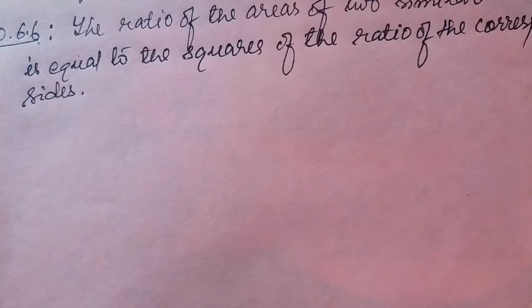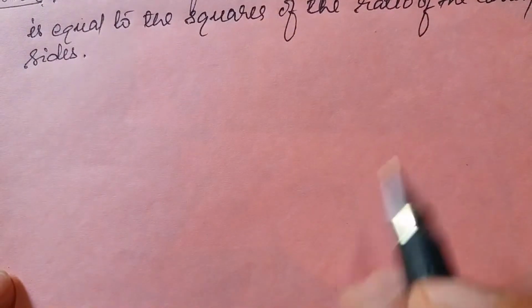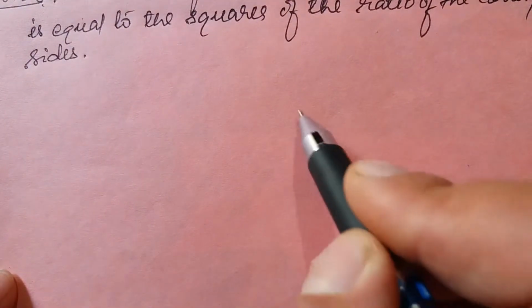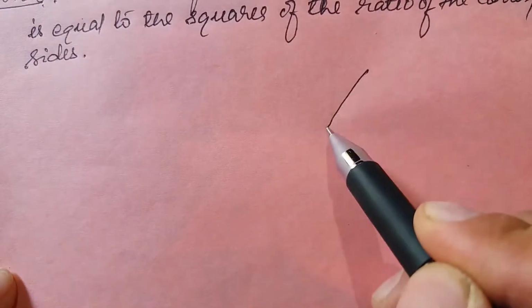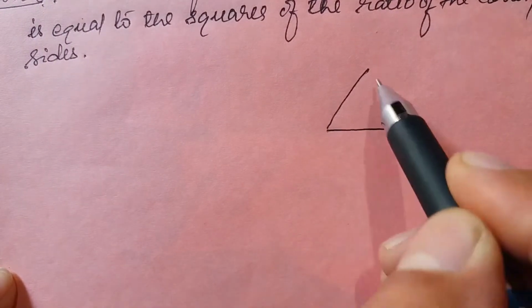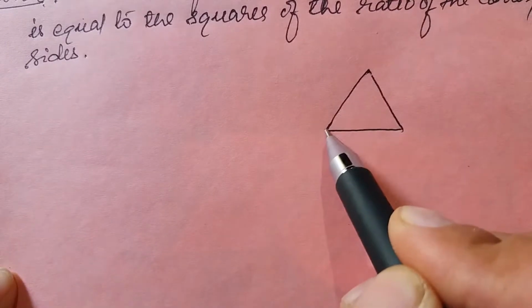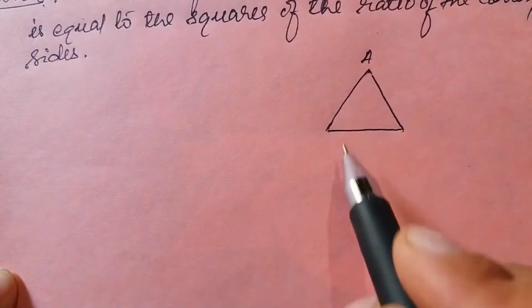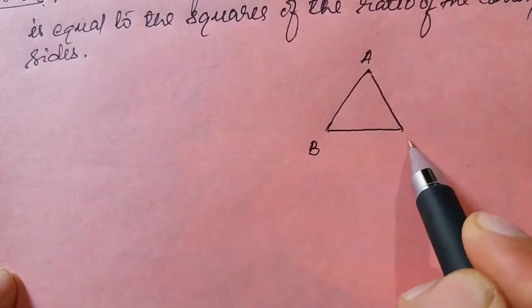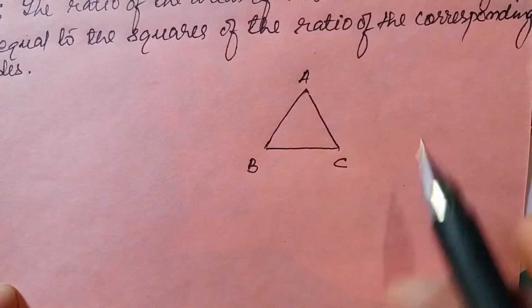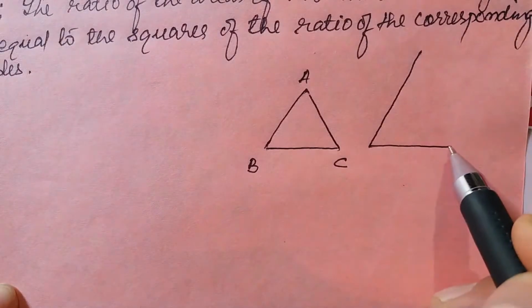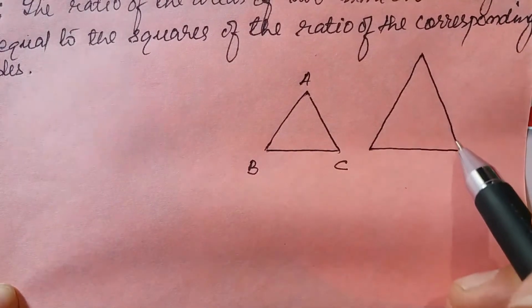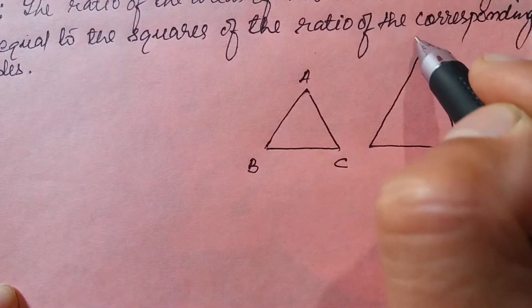Now to prove this, we need to draw two similar triangles here. So let's draw two similar triangles. A triangle, let's call it ABC, and then another triangle here, let's call it DEF.